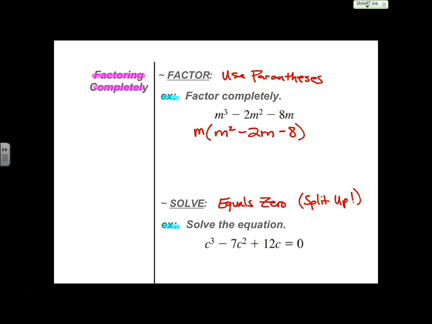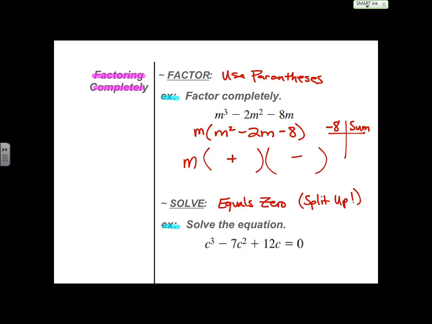I said look at what's left and ask yourself the question, can you factor that? Can I factor a trinomial? And the answer should be yes. Now we can use a table off to the side if you want and think factors of negative 8 and their sum, right? What signs can you fill into your parentheses? If the last sign is negative, the signs must differ.